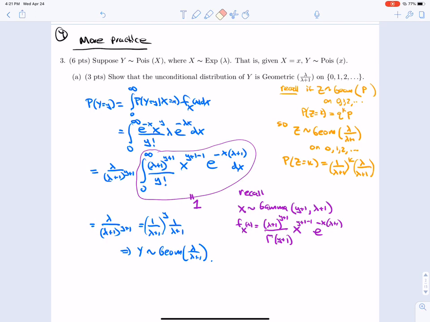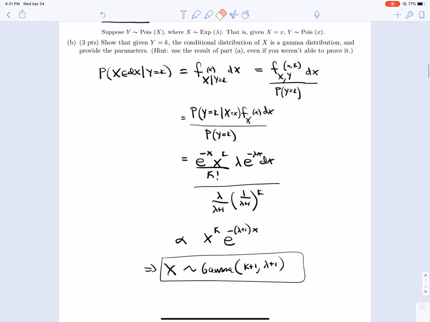You can recognize a gamma here, and if you rearrange things a bit, you can make this integral 1, in which case we'll just have lambda over lambda plus 1 to the y plus 1 power. And this we can rewrite as 1 over lambda plus 1 to the yth power times 1 over lambda plus 1, which is essentially what we need. So that shows that Y is geometric(lambda over lambda plus 1).